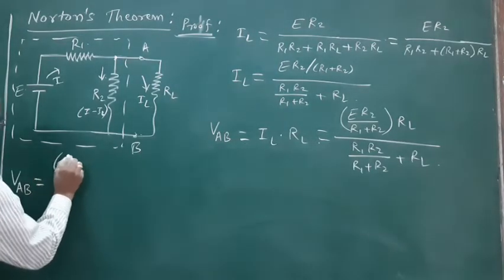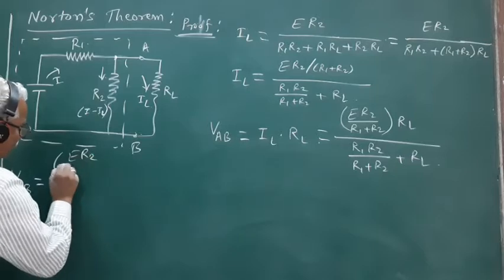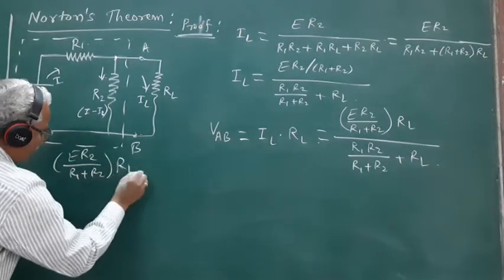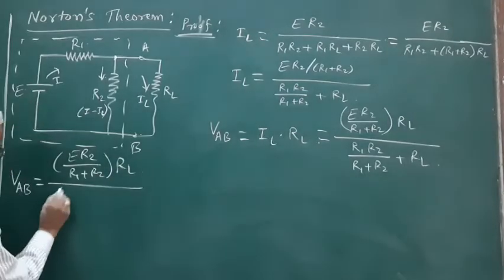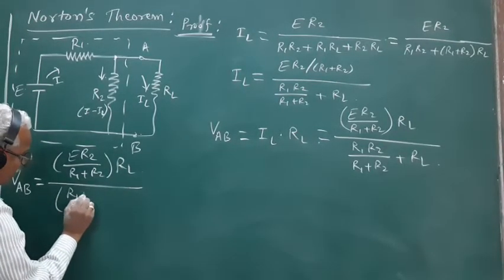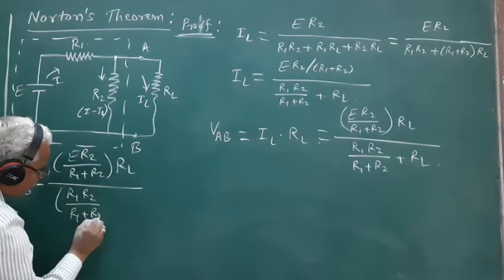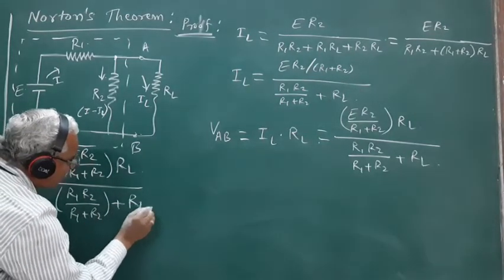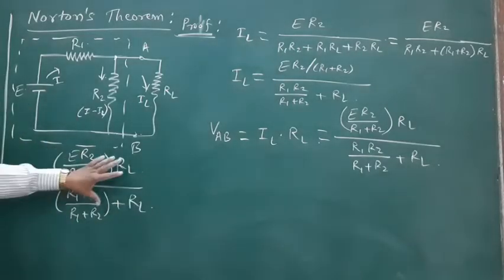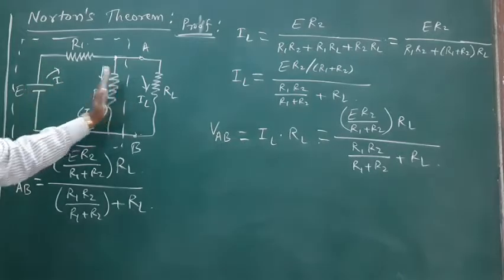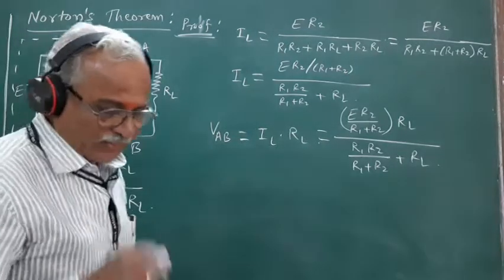VAB is equal to ER2 upon R1 plus R2 into R divided by R1 R2 upon R1 plus R2 plus R. This is when we have the given complicated network connected to the left of the terminals A and B.